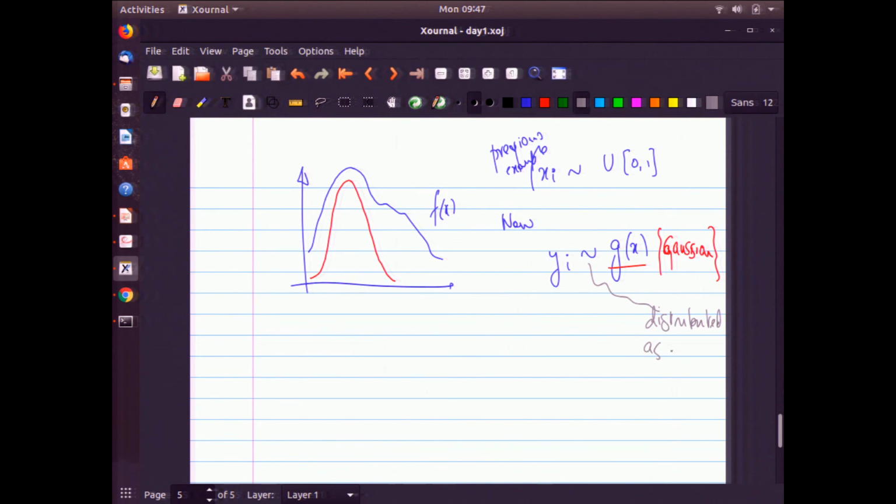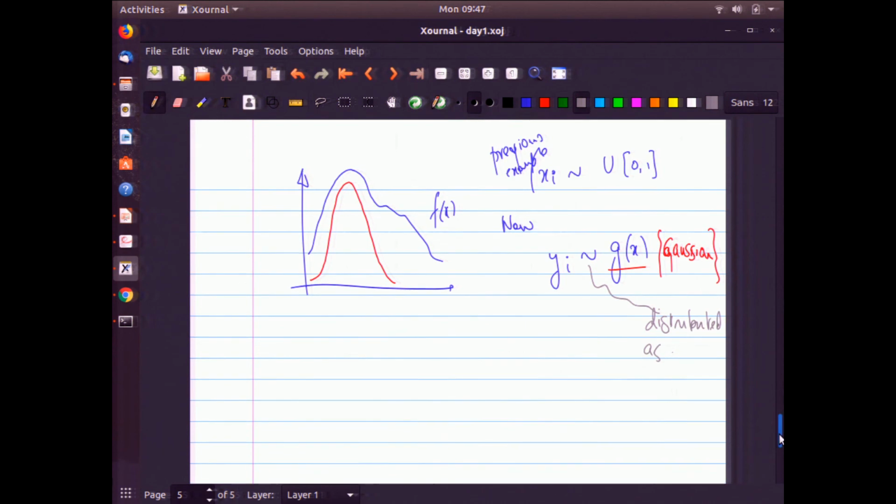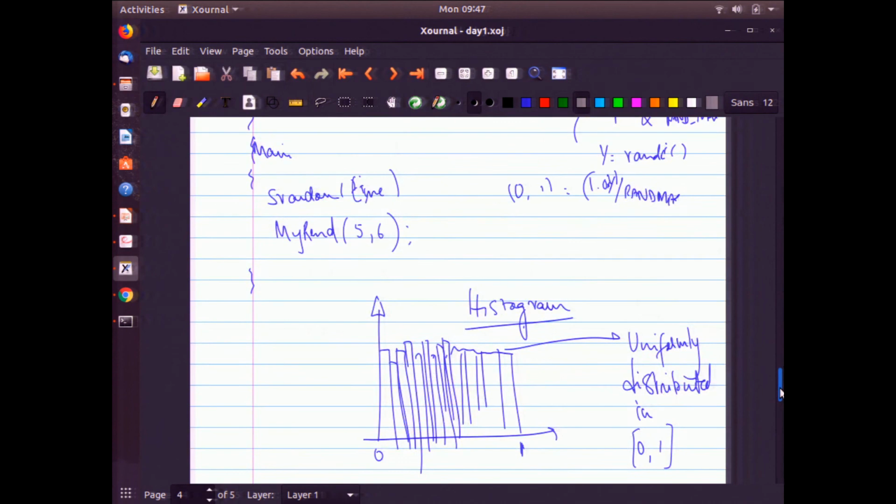This means if I draw 1,000,000 samples of yi and plot a histogram, I'm not going to get uniform. Instead, I will get a histogram like this, for samples from g of x. Is that visible at the back? Yeah. So that is going to be the histogram. That's what I mean by non-uniform samples.